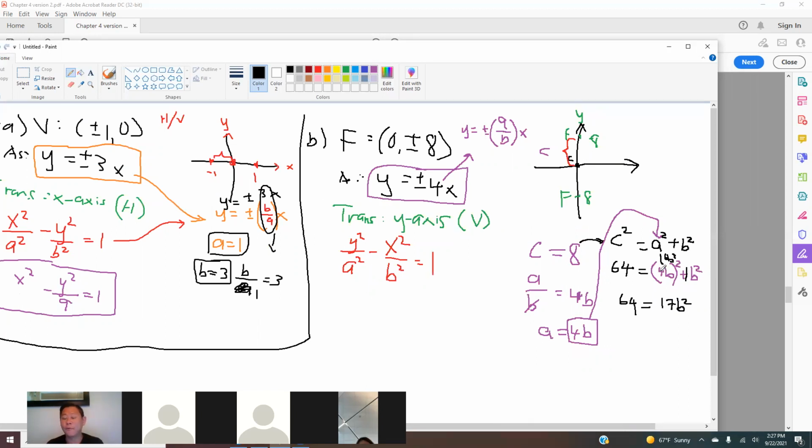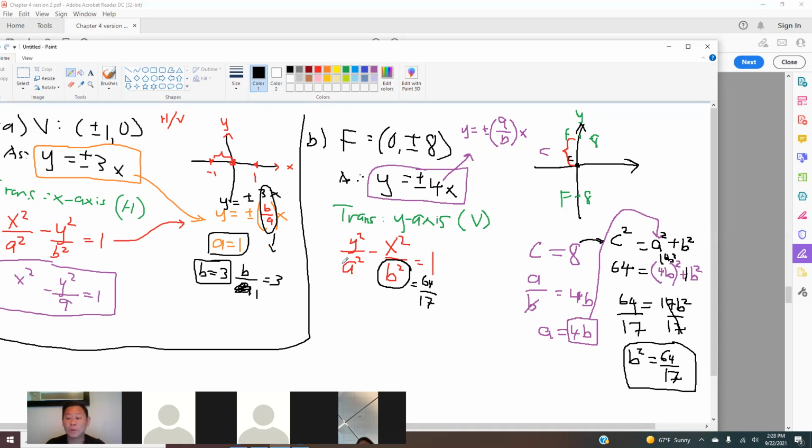Okay, 4 times 4 is 16, and then you add another one, 17. So we solve for B, dividing both sides by 17. We found out that B squared is 64 over 17, which is good. But we do not know A squared.